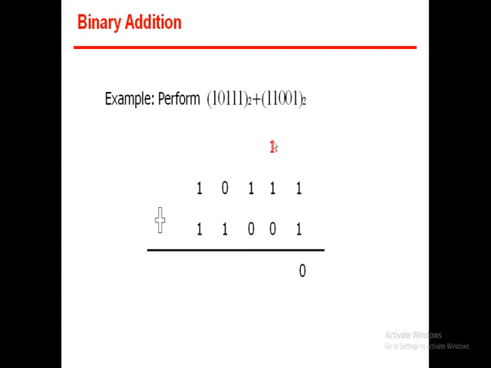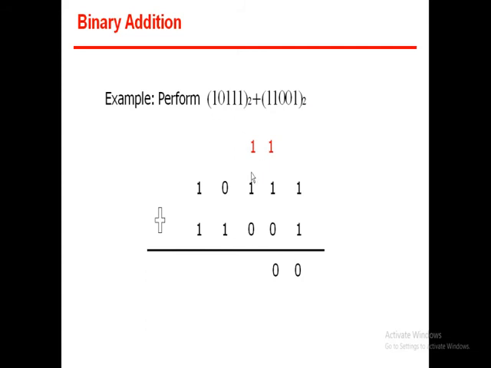And again adding 1 plus 0, 1, and we again add with carry. Add with carry is 1 plus 1, sum is 0 and again there is a carry. Then again 1 plus 0, 1, then add with carry 1 plus 1, again sum is 0 and there will be a carry 1.